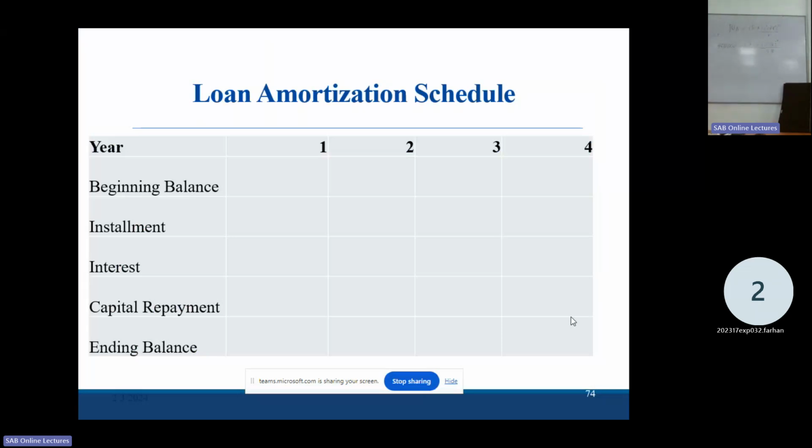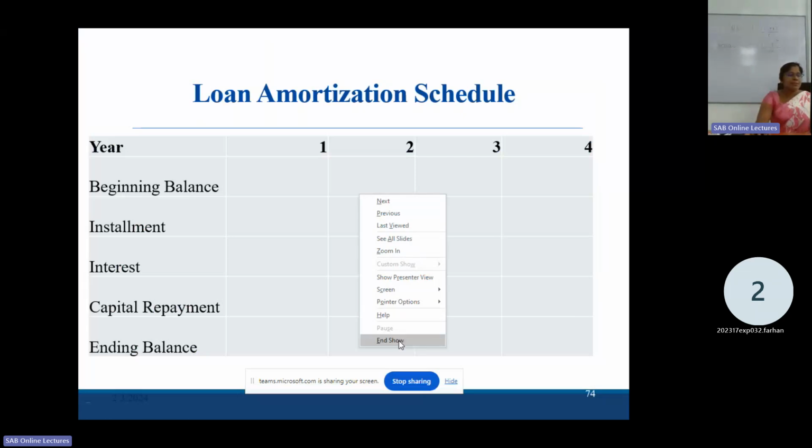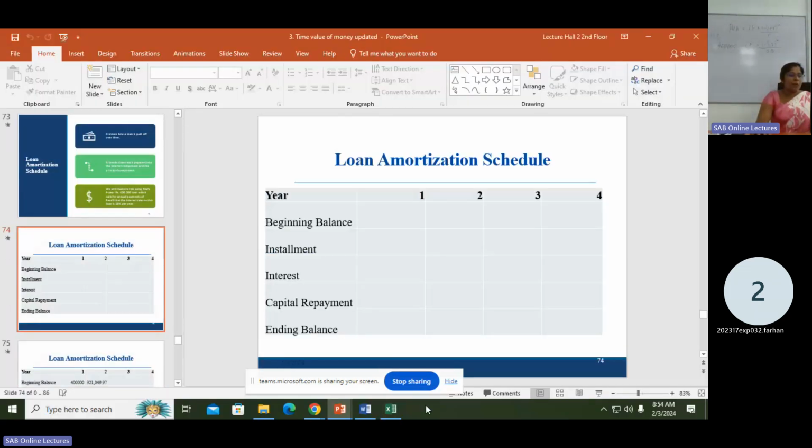Normally basic information like beginning balance or opening balance, installment, interest for the period, capital repayment, and ending balance will be included in the amortization schedule. So you may prepare a table like this.